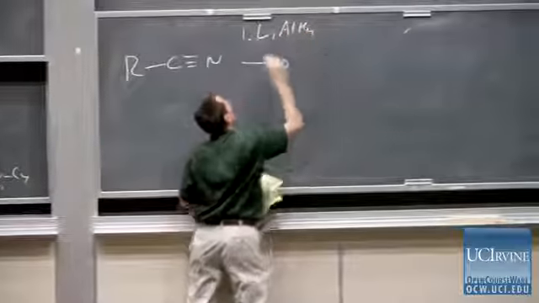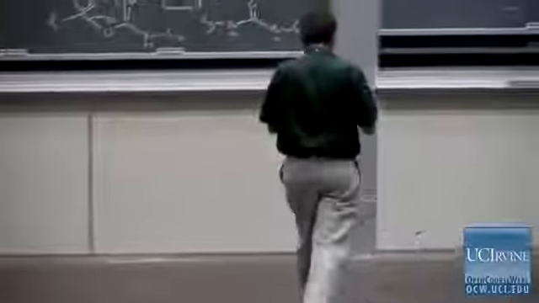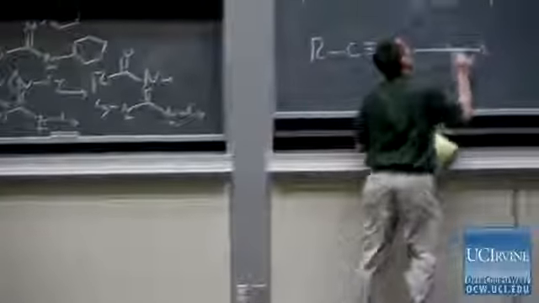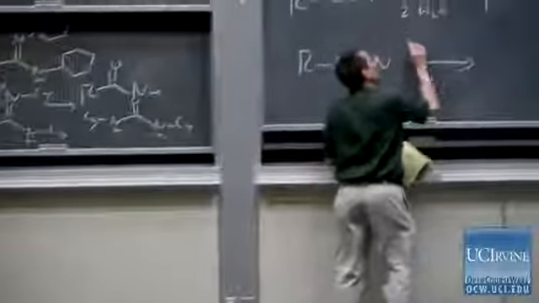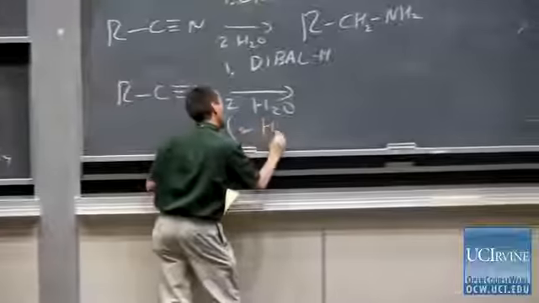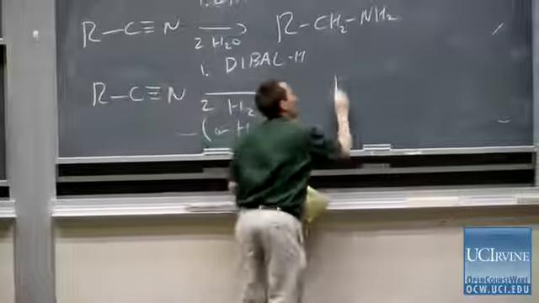So your textbook has also pointed out and reminded you that nitriles can be reduced selectively, and we saw this in esters. We said lithium aluminum hydride blasts the heck out of an ester all the way down to an alcohol. DIBAL is a more mild reducing agent. It can stop and only add 1 equivalent of hydride. And so your textbook chooses to give you an example of a DIBAL reduction of a nitrile with water as a workup, or you can use H3O+ as a workup.